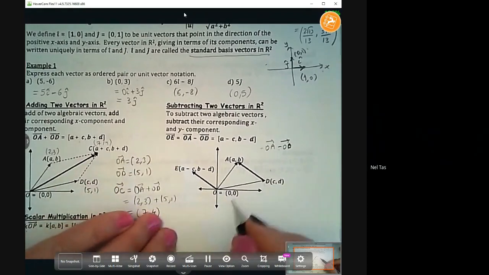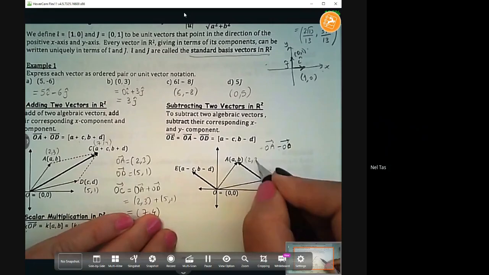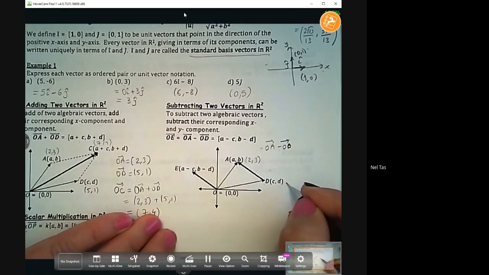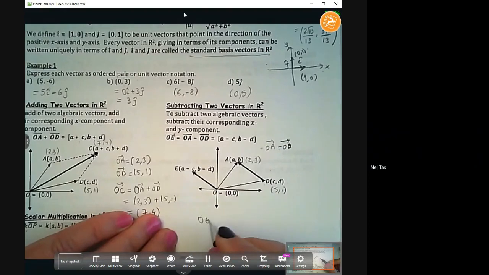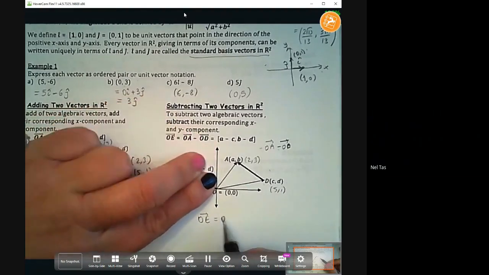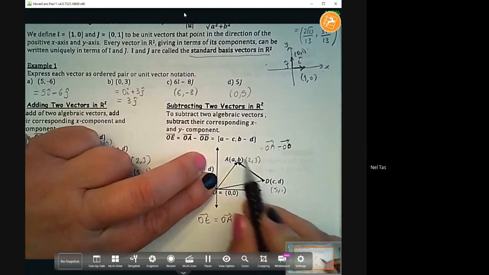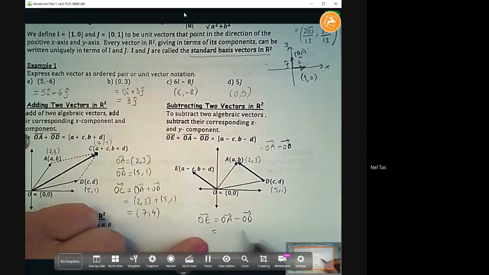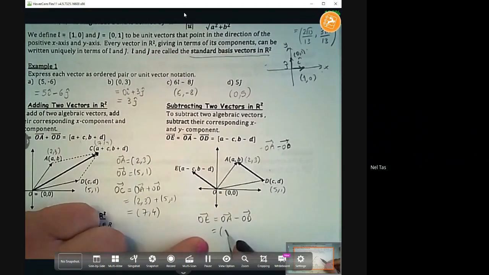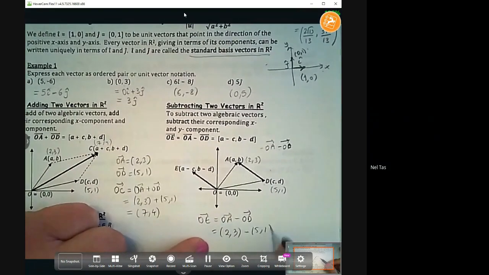Okay, let's give an example. Let's say again, point A is 2 and 3, and point D is 5 and 1. So we want to look at OE vector, which is OA minus OD vector. OA vector is 2 and 3, and OD vector is 5 and 1.